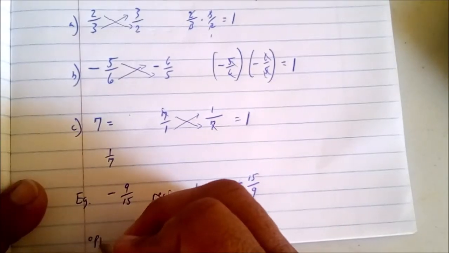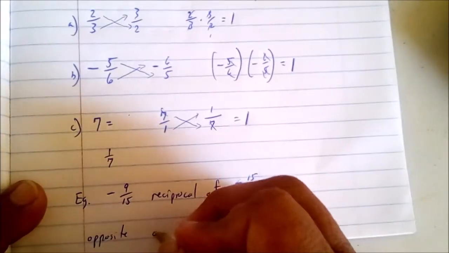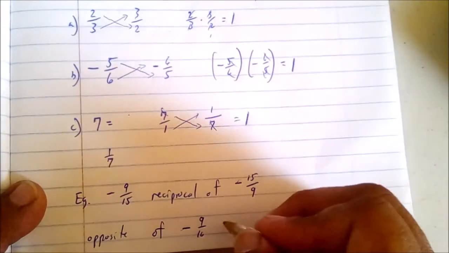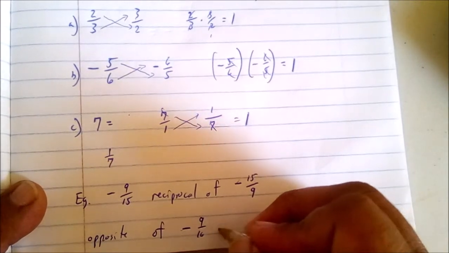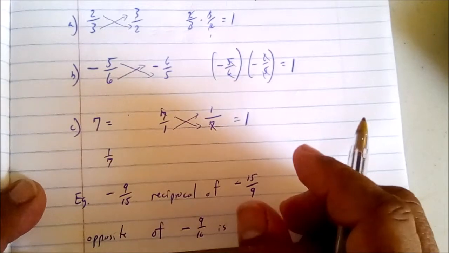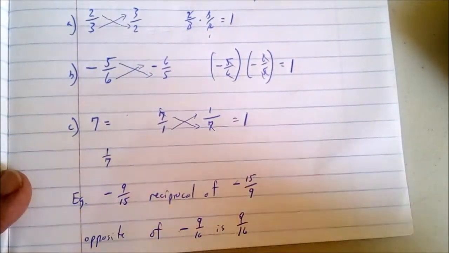The opposite of negative 9/16 is not negative 16 over 9, it is 9/16. Remember absolute values, this is what the opposite comes to.